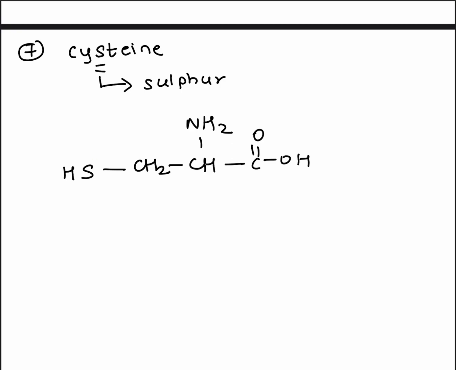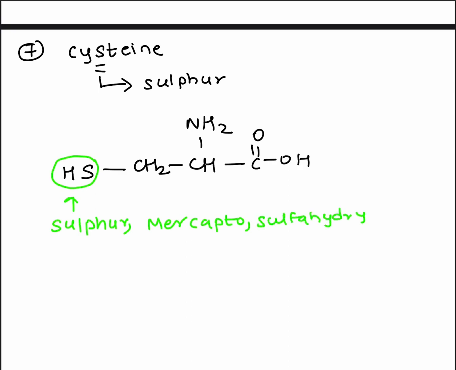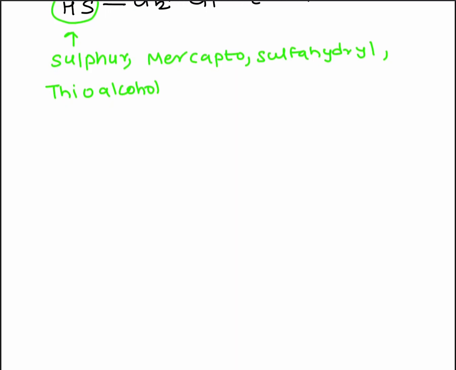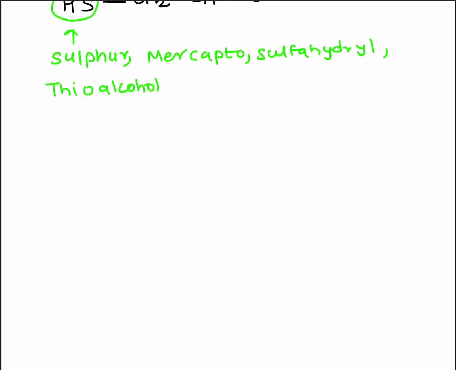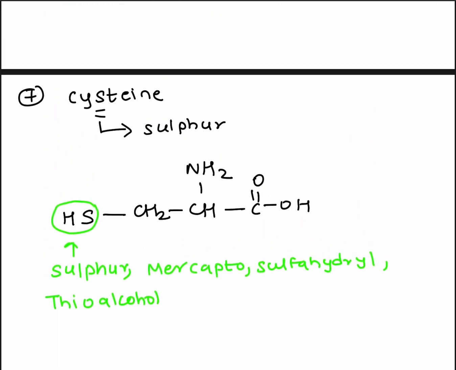Now for your understanding, let me clear this up. What are the names of this group? We can call it sulfur, we can also call it mercapto, we can also call it sulfhydryl, we can also call it thio alcohol. These are some names for this group of cysteine.